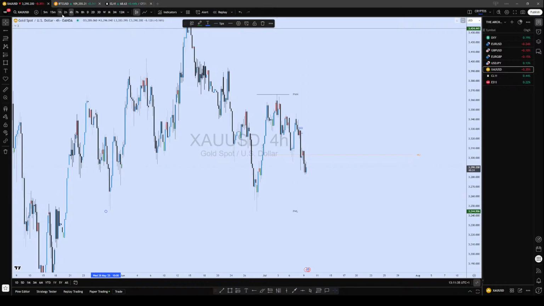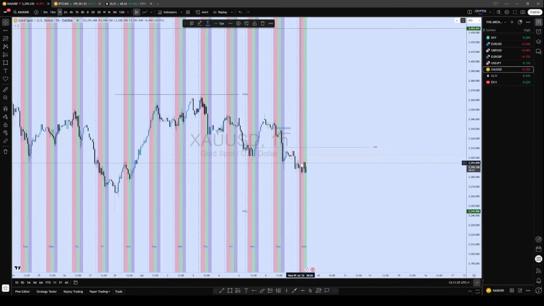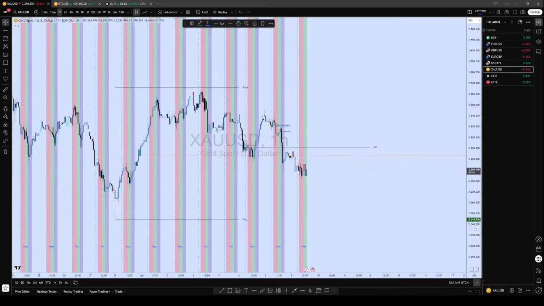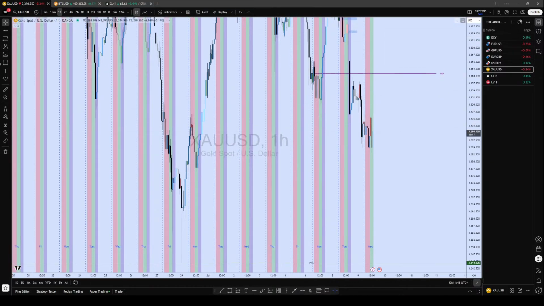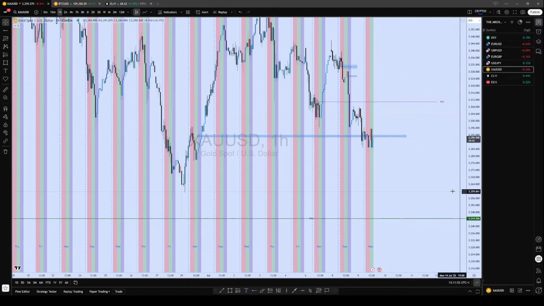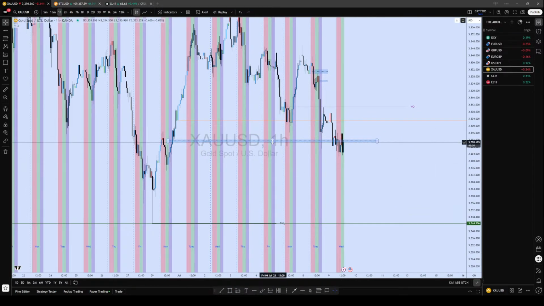In terms of trade ideas, we have traded through this gap which formed during this one right here. That was the target for the week, and they've traded through it. So I think we'll continue going down to this low, and ultimately that one.